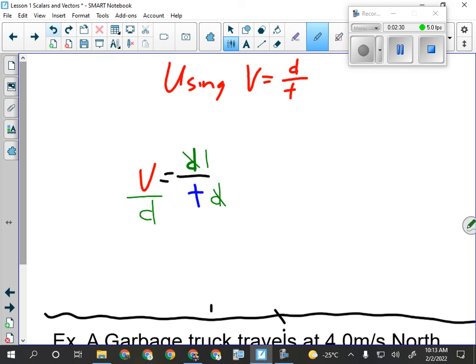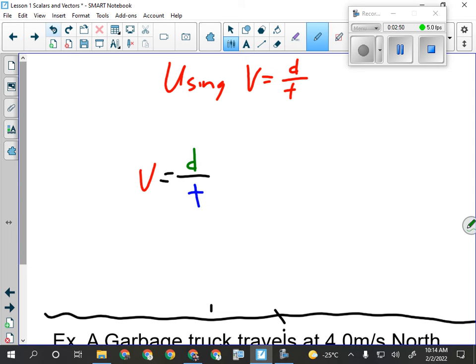They look at that and they go, I just have to get it by itself, forgetting that 1 over something is not the same as that thing. That's like saying 2 is the same as 1/2, right? And they're obviously not the same. I would multiply by t to get it from the bottom, and then divide by v. Exactly.